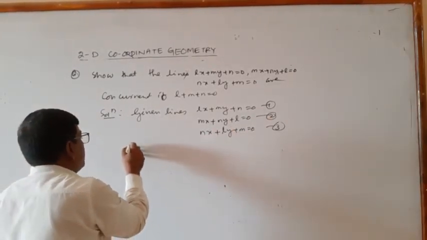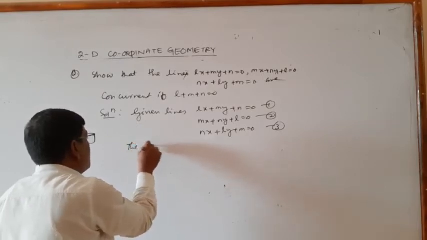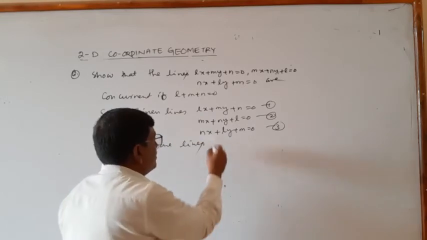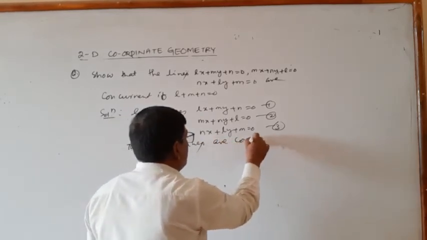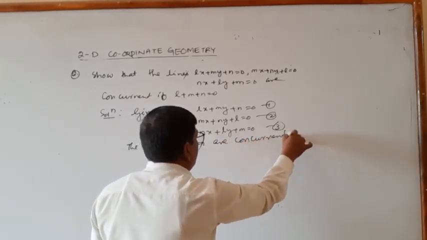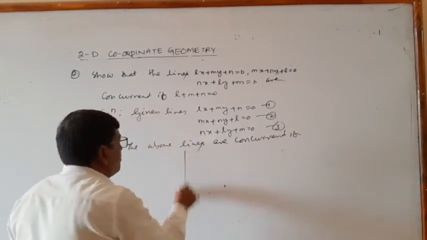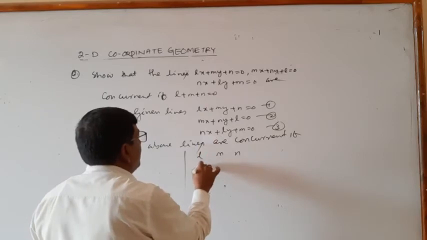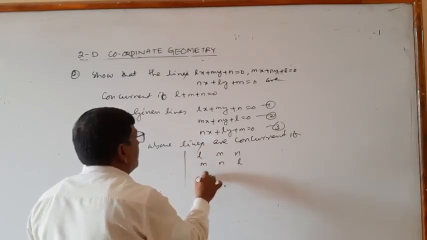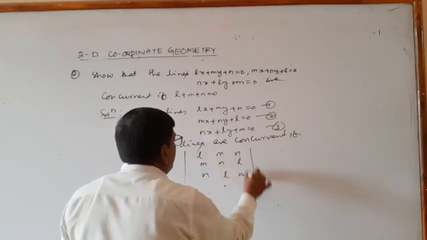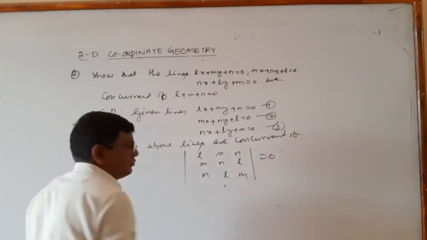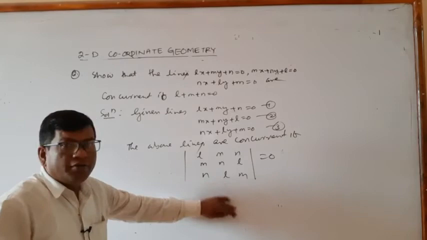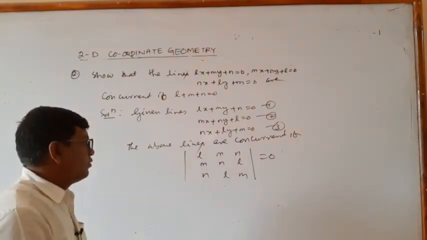The above lines are concurrent if the determinant of L, M, N; M, N, L; N, L, M is equal to 0.